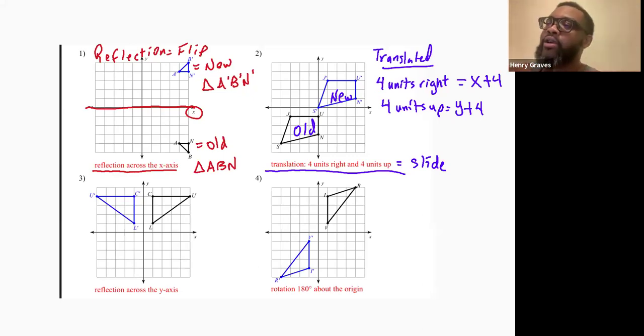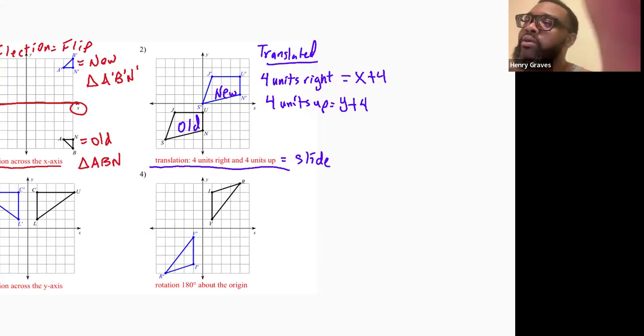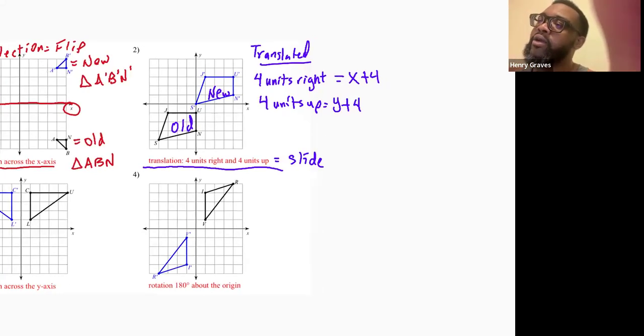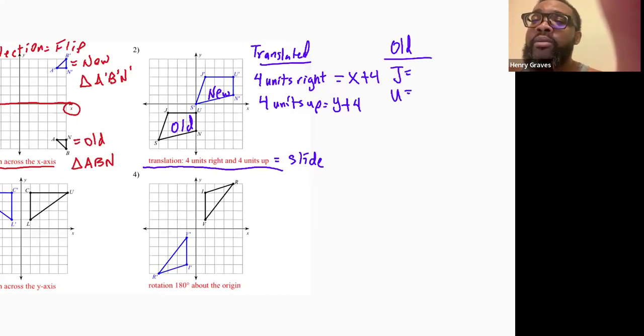So what do I mean by that? Here are the coordinates of the old, where you have the letters J, U, S, and N. J was, let me make sure I'm right, -3, -1. U was 0, -1.